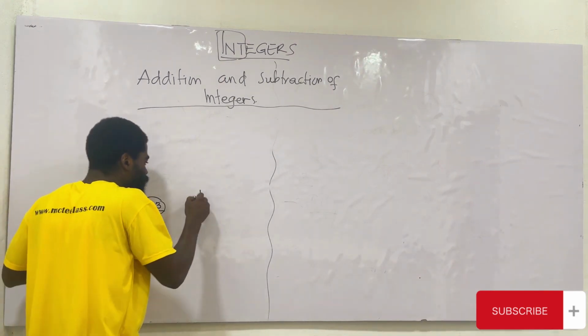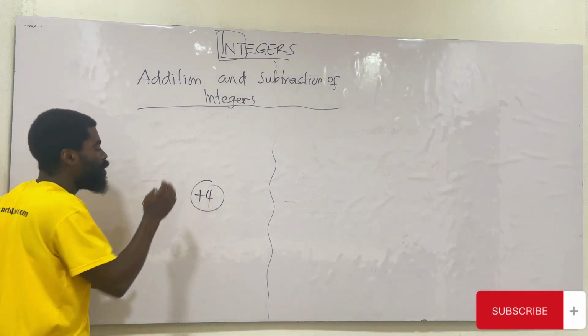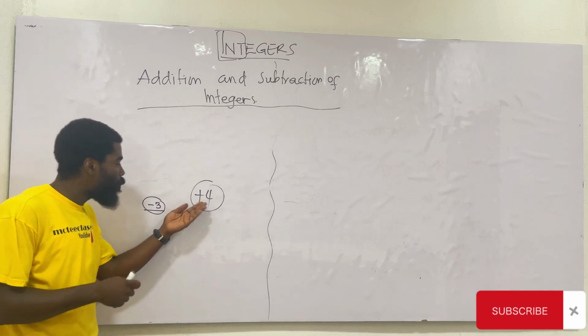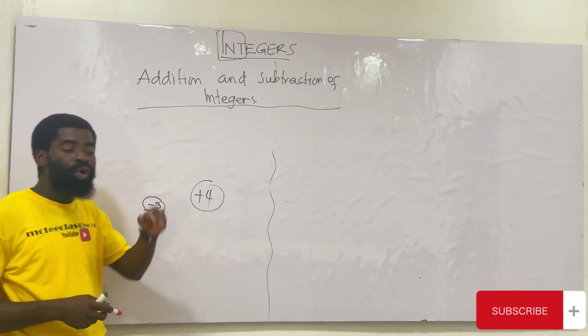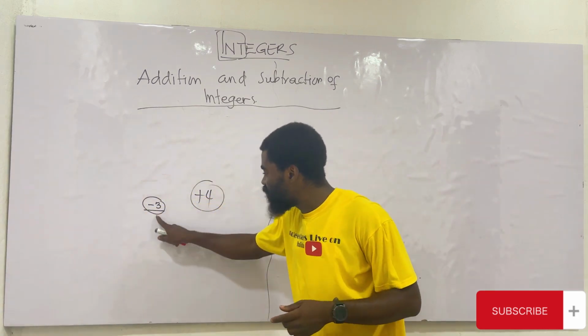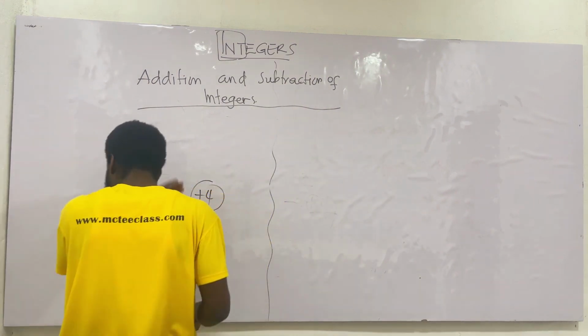But +4 also means that I have 4. So take note of that. If I have 4 and I owe 3, once you owe, you are supposed to pay. If I'm going to pay, that means we have -3. I can pay and I'll still have some left. I hope you understand what I'm saying.